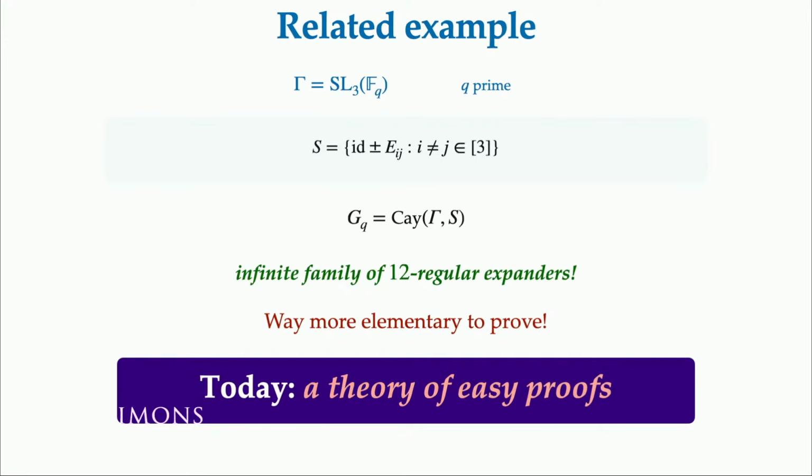So I want to say something about how you prove that this particular Cayley graph, which let me remind you, is 3x3 matrices, determinant 1, entries in F_q, with column operations as the generators, is actually a family of expanders.